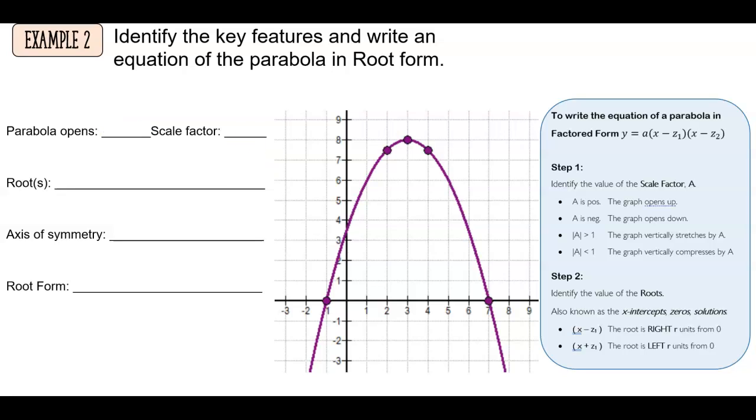All right, which way is this opening? Which way is it concave? Down. It's going down, down. Okay. Now, what is my scale factor? So put your point at the vertex, and I'm asking, how much does it go up or down before it goes over 1? So it's not even a whole unit.